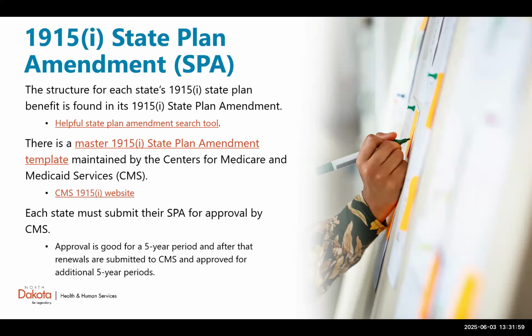Currently, we're right in the middle of a renewal. We had public comments on it back in March, and now it's been submitted to CMS, and we're in communication back and forth with CMS, doing the little tweaks and changes.